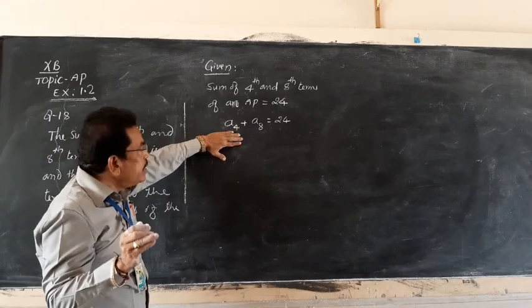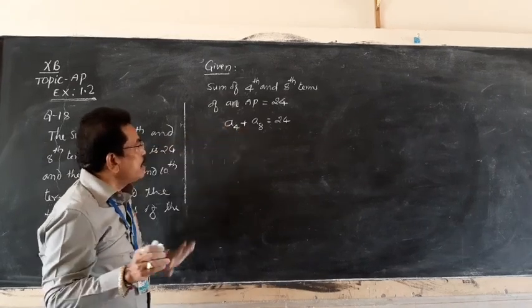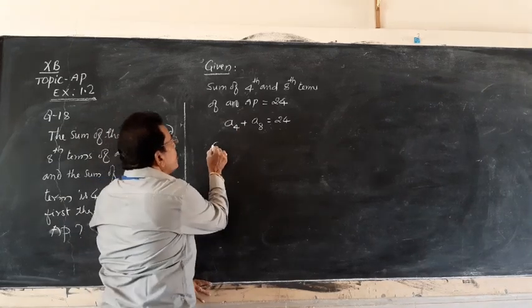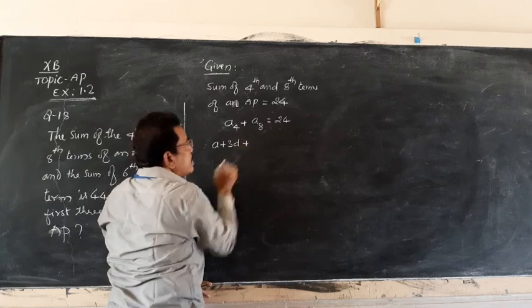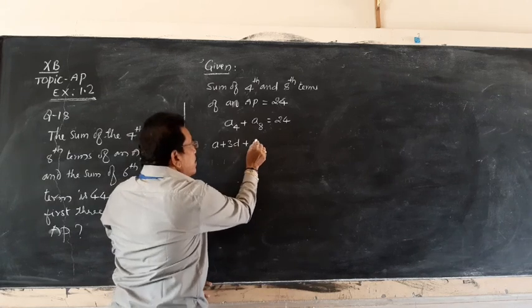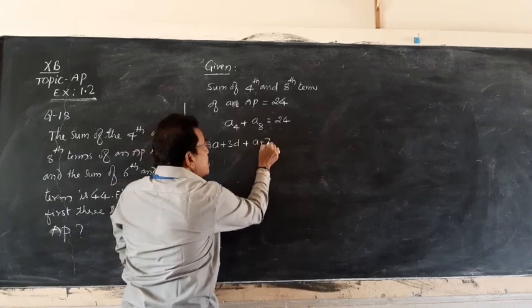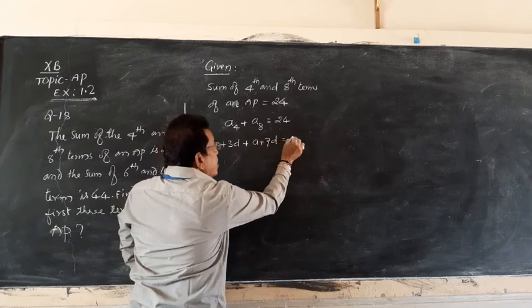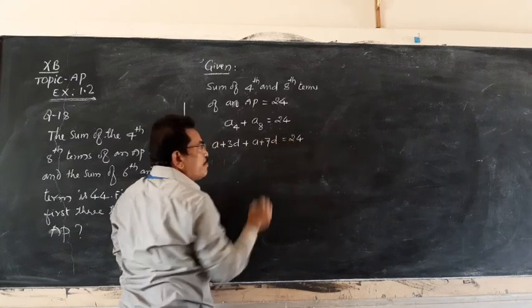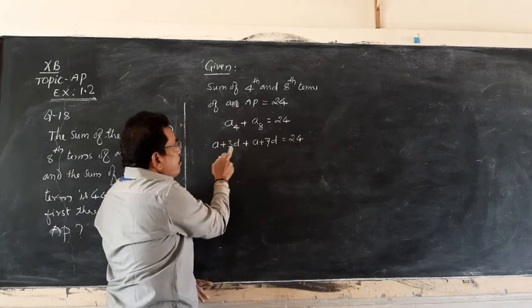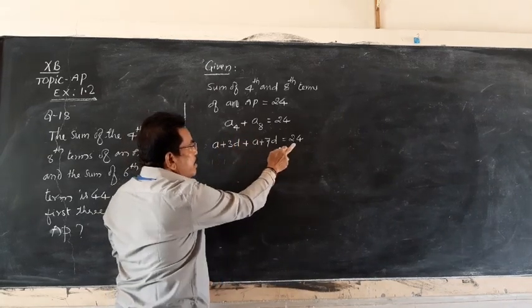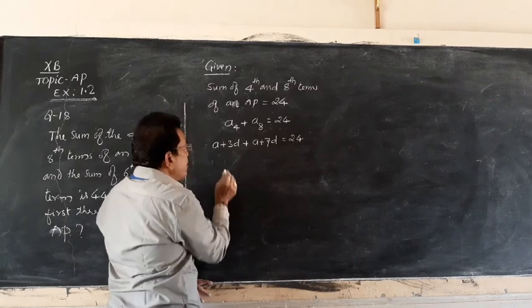Let us write the meaning of these terms. A4 means A plus 3D, plus A8, A plus 7D, equals 24. Followed?